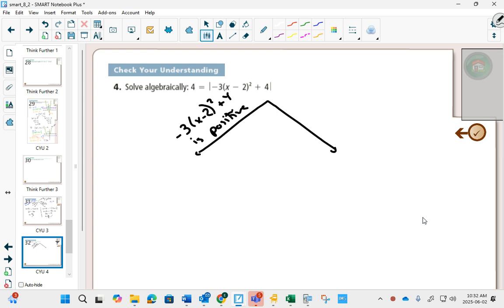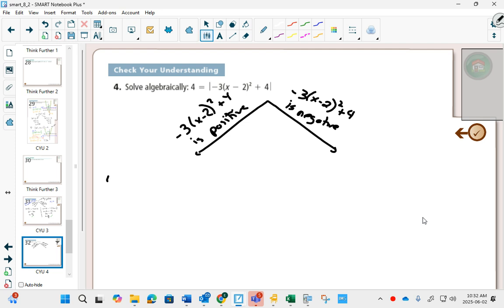Two possibilities. That inside the absolute value bar could be positive, or the inside the absolute value could be negative.